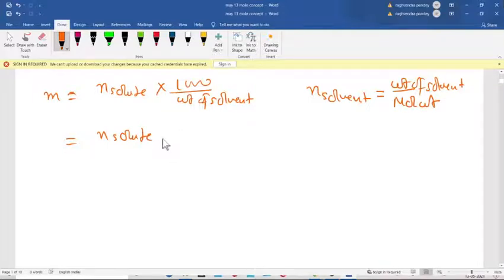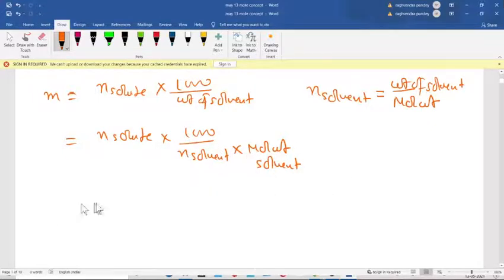number of moles of solute into 1000 upon number of moles of solvent into molecular weight of solvent. This one. So this can also be the formula.